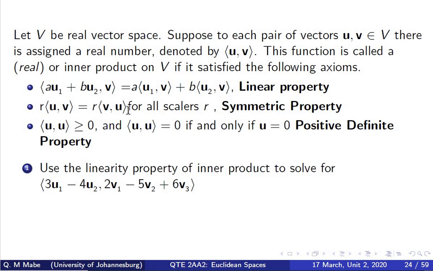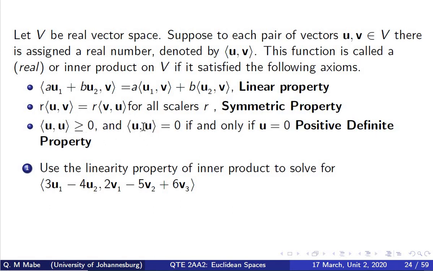The next is symmetry, in a sense that u dot v is the same as v dot u. And we have the positive definite property, in a sense that when you dot a vector with itself, you end up with a positive number.